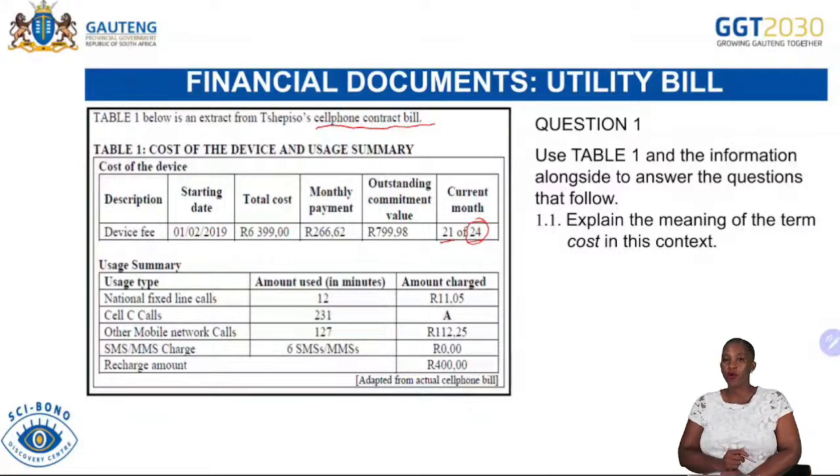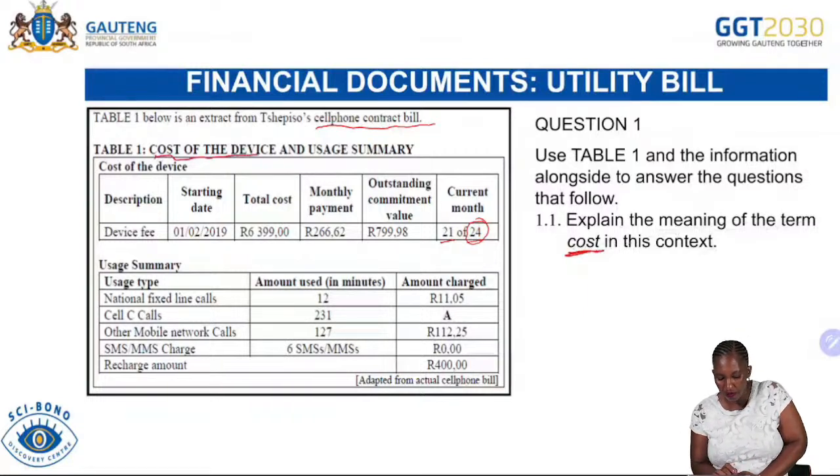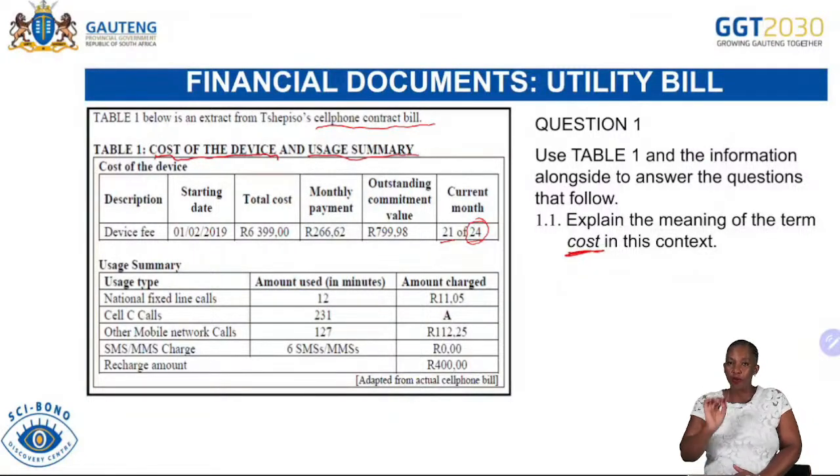Now let's have a look at the question. It says explain the meaning of the term cost in this context, because it is a utility bill. And how do you get an idea of what this utility bill is? It says it's a cost of the device and usage. Now they say explain the cost.